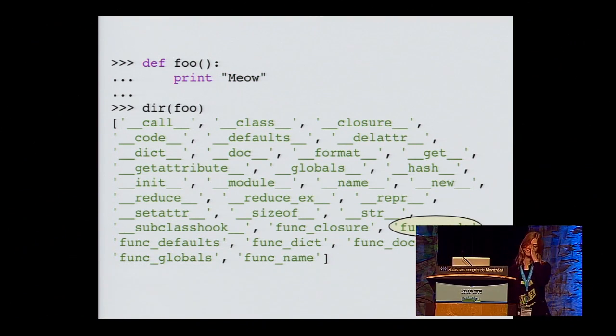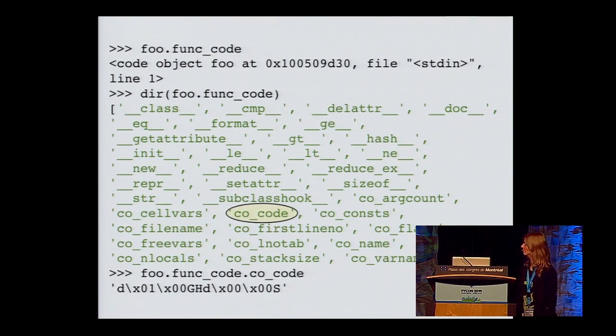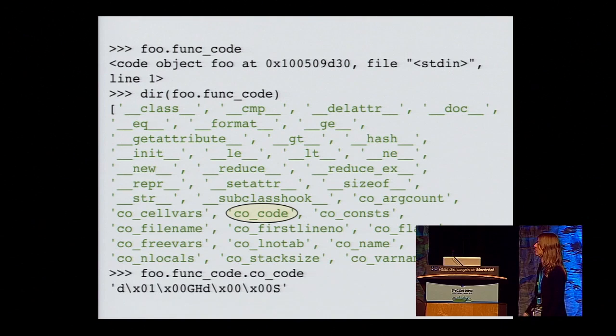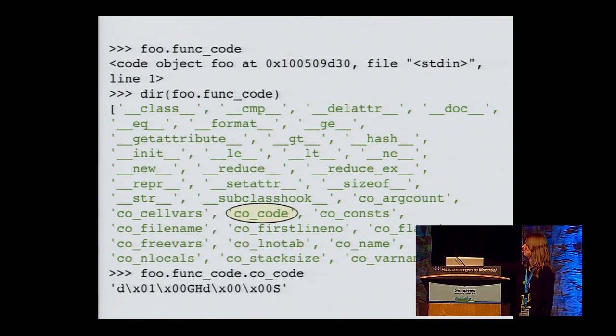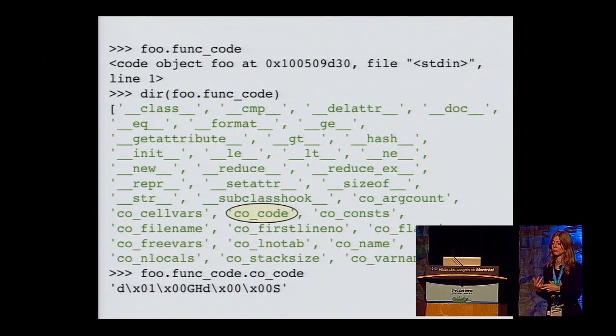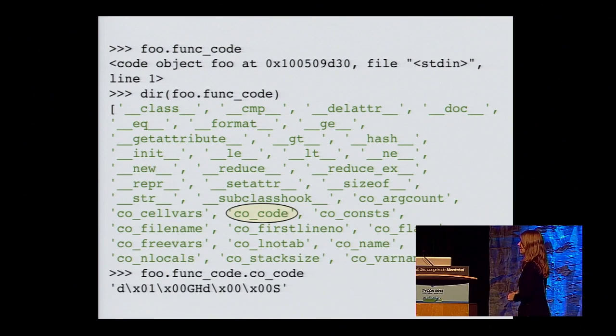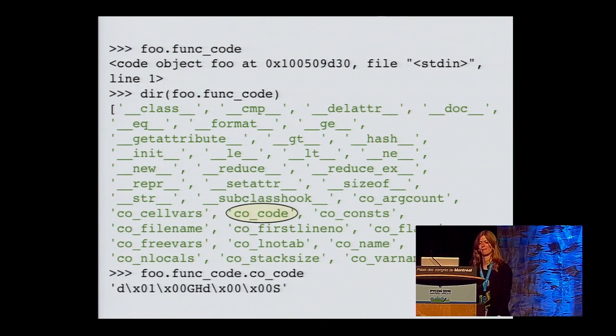OK, that sounds interesting. What is func_code? What's an attribute of func_code? Cool. OK, so there's this co_code attribute of func_code, and if we look at co_code, there's some sort of hex gibberish, which looks like the actual bytecode that the Python interpreter is executing. So that's cool. Surely we can't change that, right?